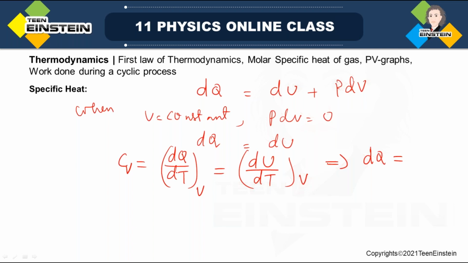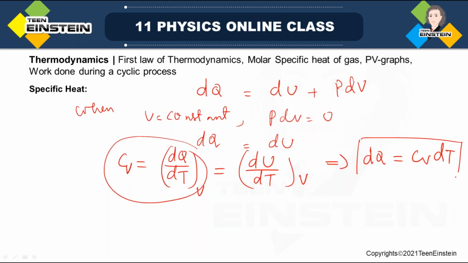We can write Cv into dt, or du by dt. So this is also another formula to remember: dq is equal to Cv into dt.